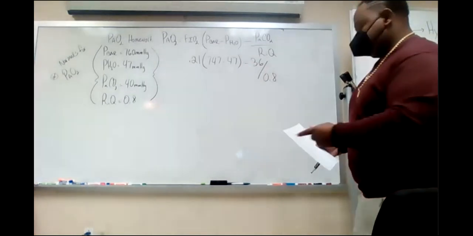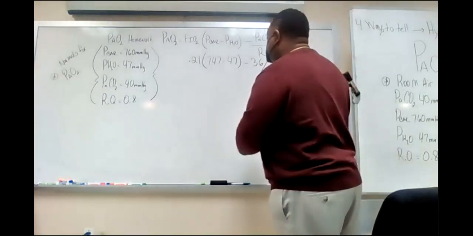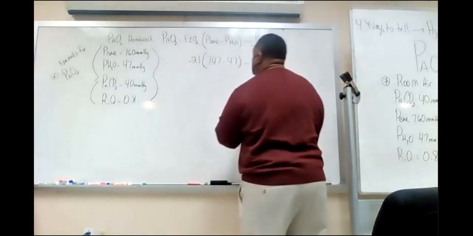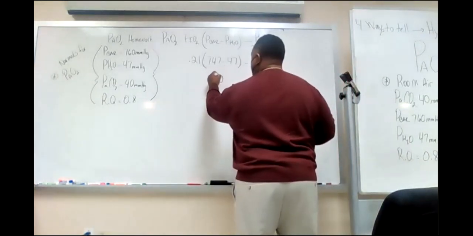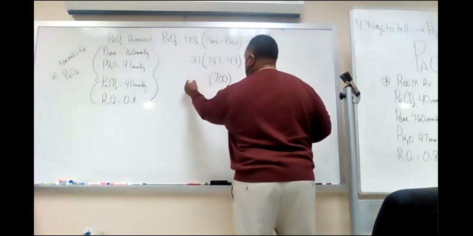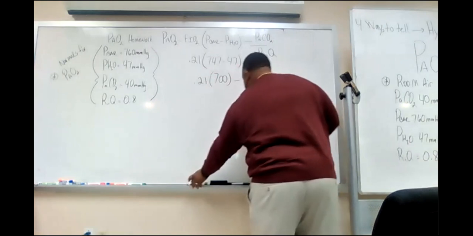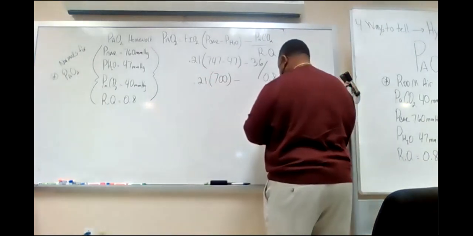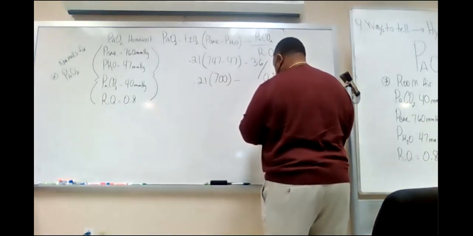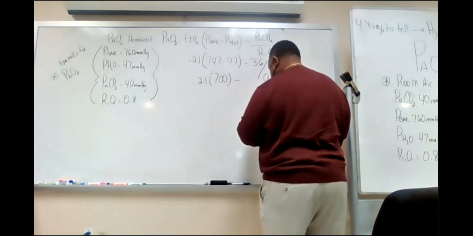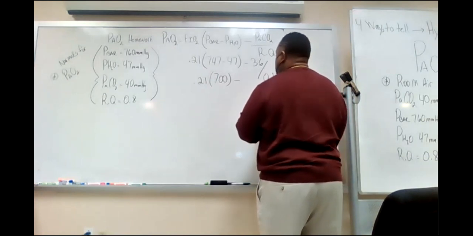All right. So 747 minus 47 is 700 times 0.21, minus 36 divided by 0.8 is 45.